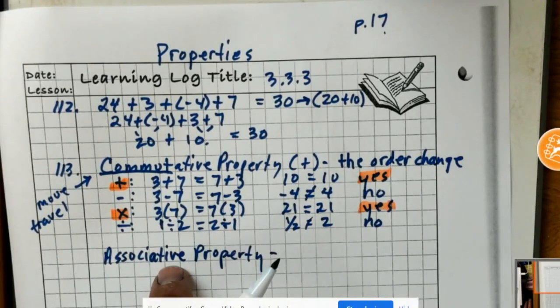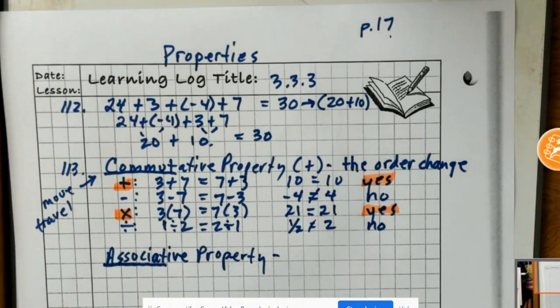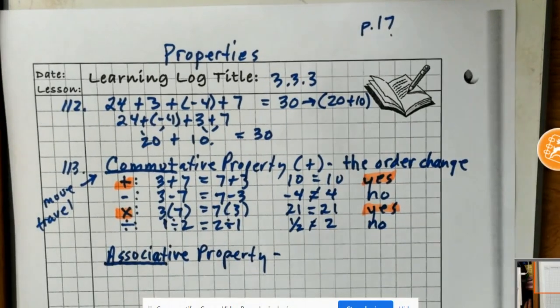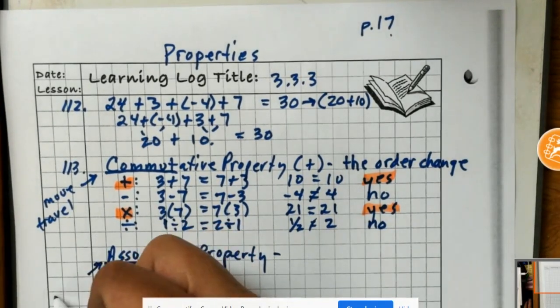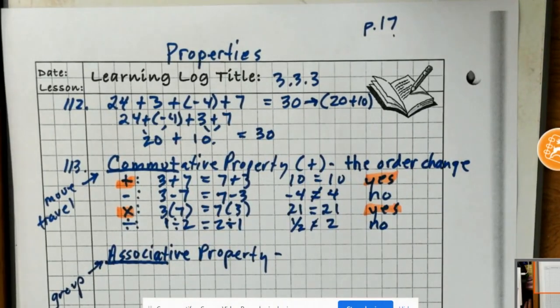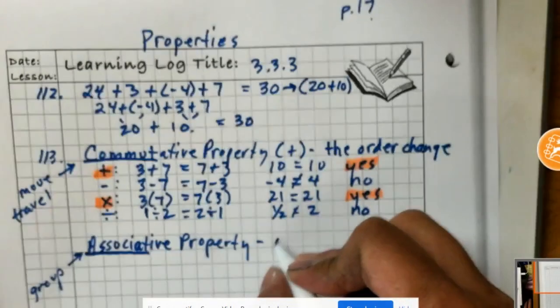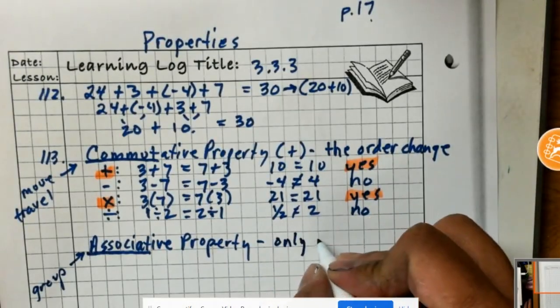So it's associative property, the root word of that would be to associate. And what does it mean to associate? Usually who do you associate with? Your group of friends, right? So this is a group. Okay, groups associate with each other. So in associative property, that allows only grouping to change.